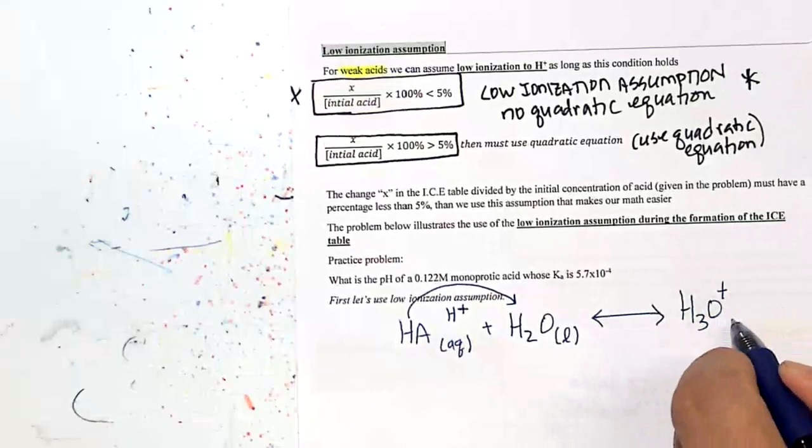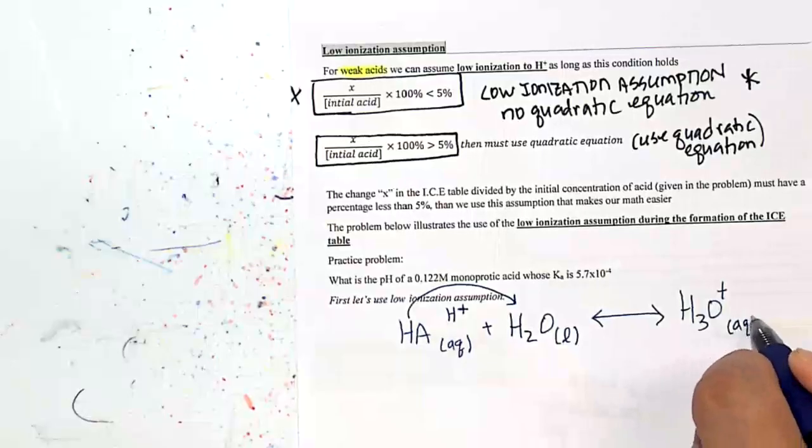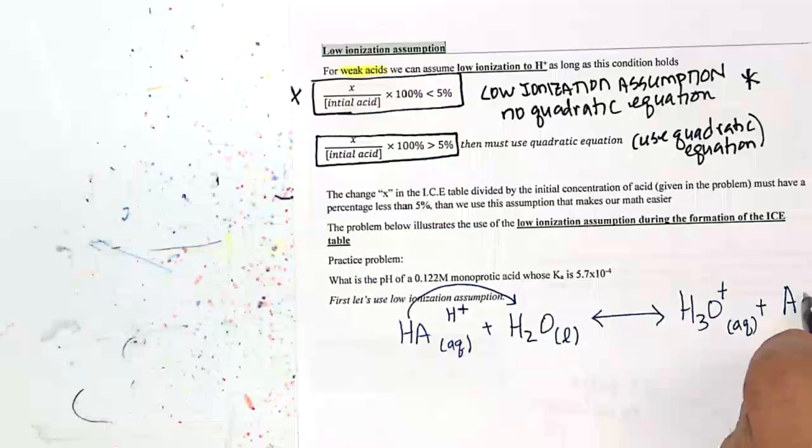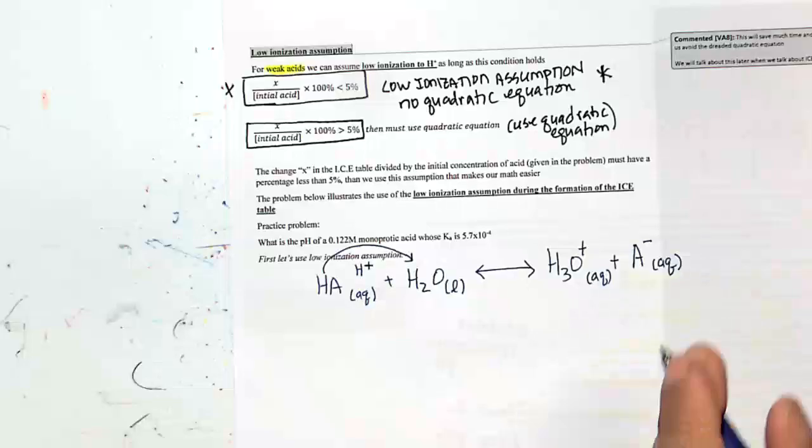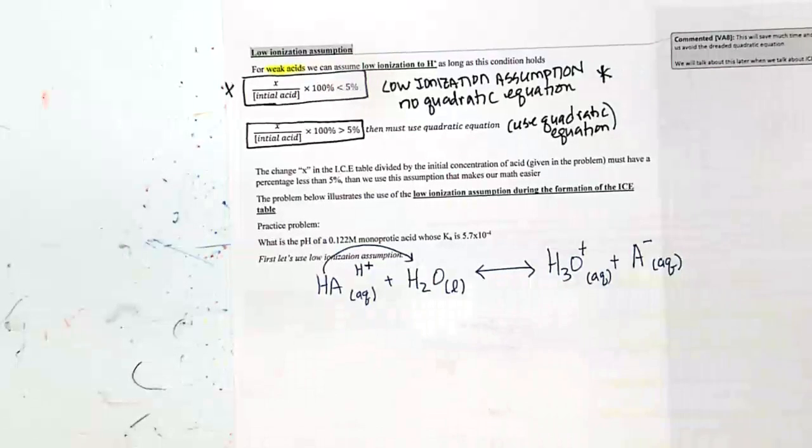It's not a strong acid, not one of the 6. And they tell you the Ka here is 5.7 times 10 to the minus 4.